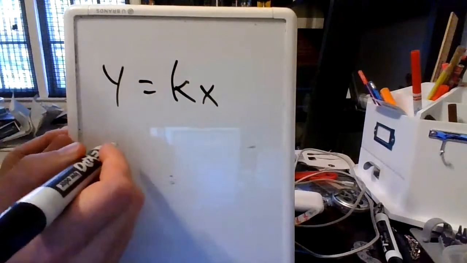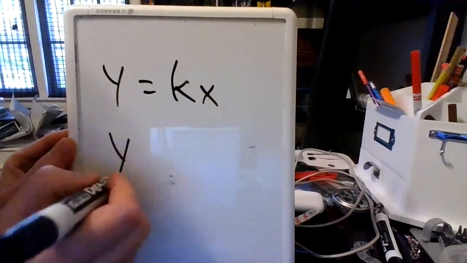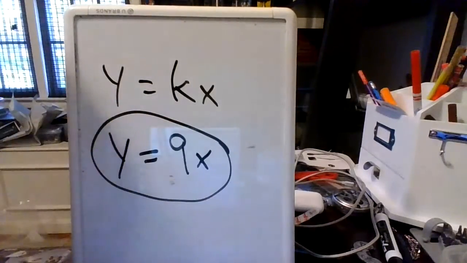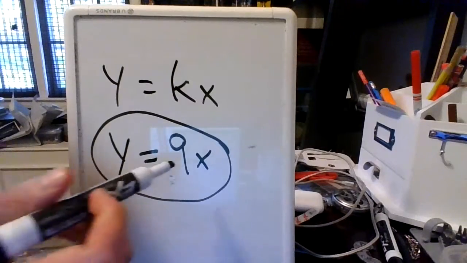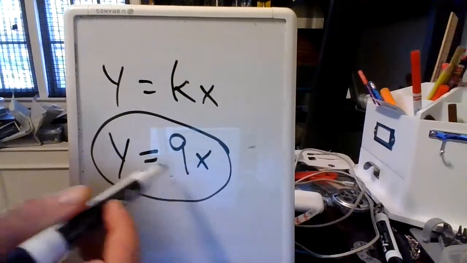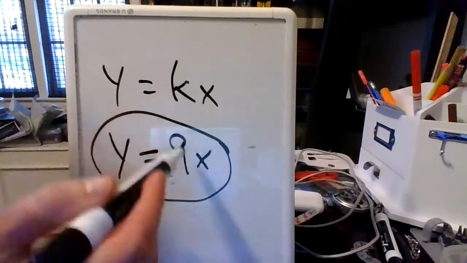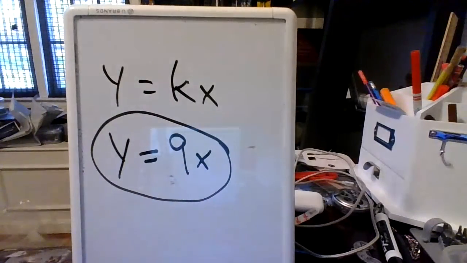In this case, 9 is my constant, so y equals 9x. This is your equation. It'll be different from the one that you'll have, but the constant matters. This stays the same, this stays the same, this stays the same. The only difference is that 9 has replaced the k because k is the constant.